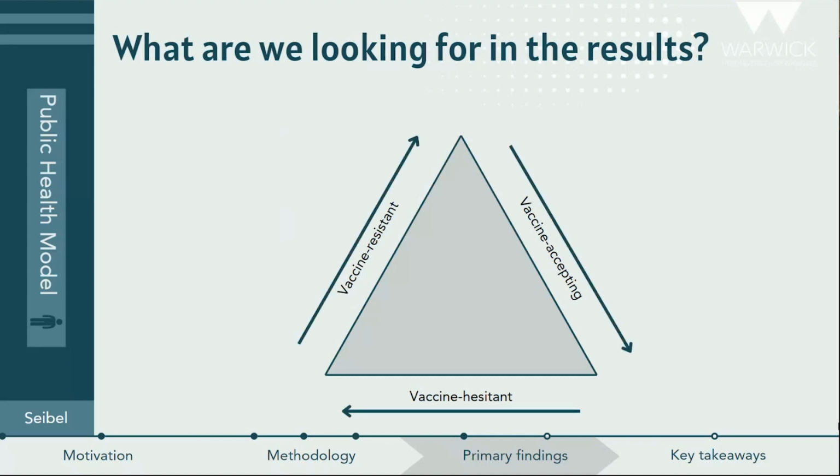So as you go from the bottom left corner to the top vertex here, that means that the population we're looking at is more resistant as you go to the top of the triangle. And then as you go to this bottom right vertex, they're more accepting. And as you go to the left here, it's more vaccine resistant, or vaccine hesitant, sorry.